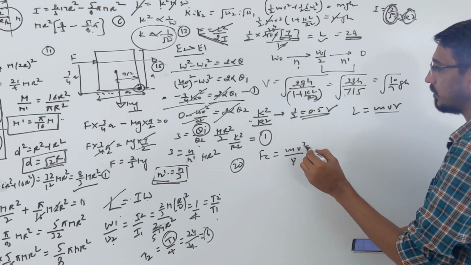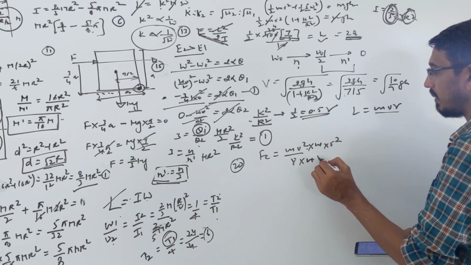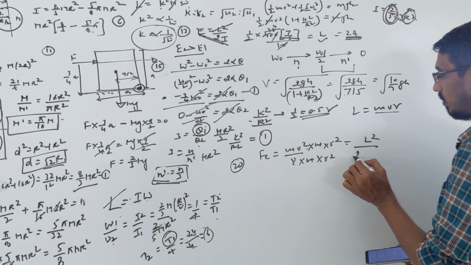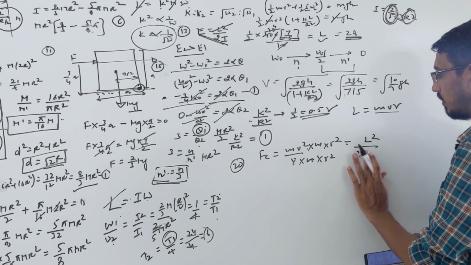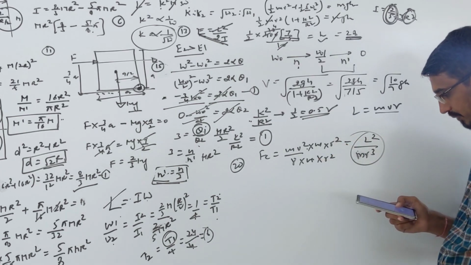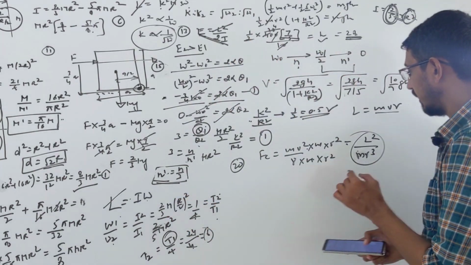V square we already have, so we multiply and divide by mass, which becomes m square, and multiply and divide by radius r square. So this becomes L square upon m r cube. That should be your answer, and it matches the fourth option, the last option.